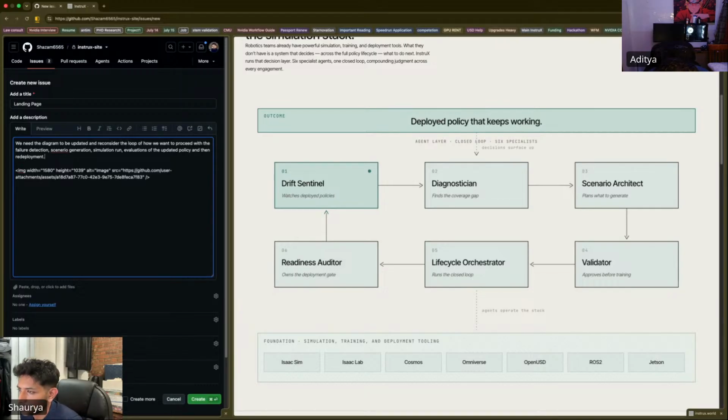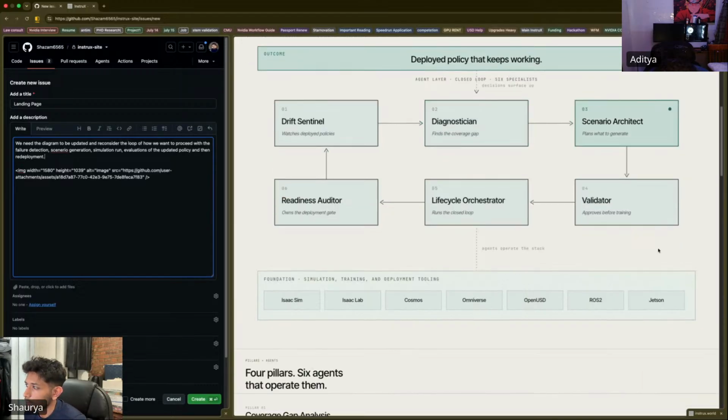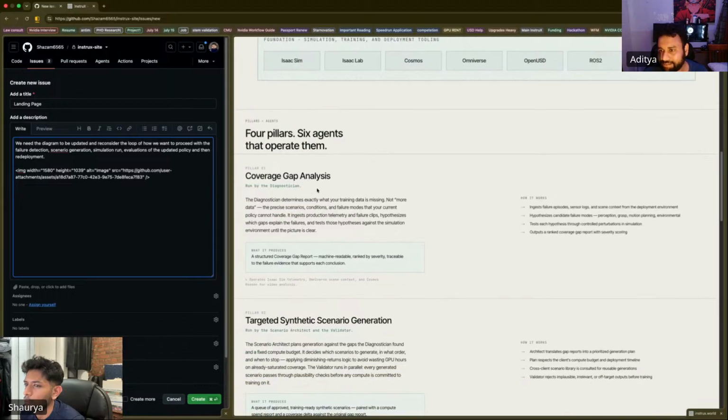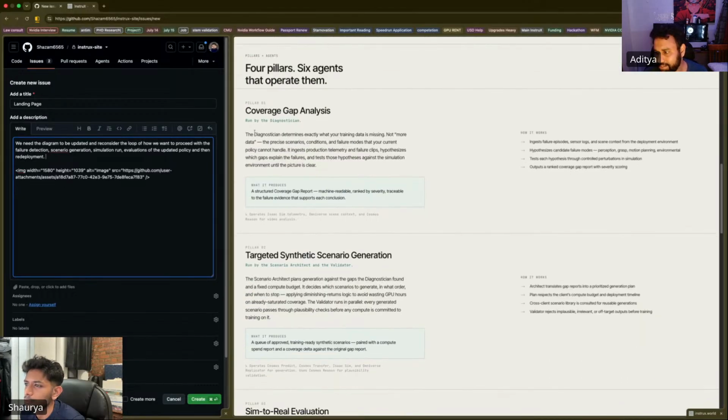Yeah, bro, I think we put some AI slop over here. This is a lot. I think this makes more sense. We need a failure diagram to link detection, scenario generation, simulation run, evaluations, and then redeployment, instead of this. Okay. 1, 2, 3, 4, 5. Coverage gap analysis.